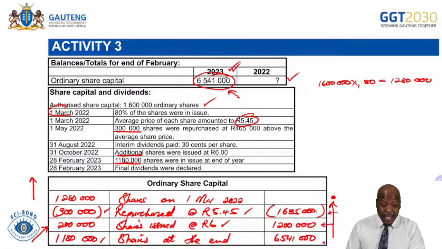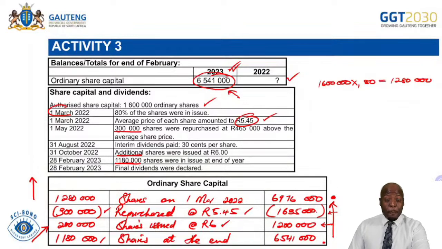And then how much do you get? You get 6,976,000. That would have been the same figure that you'd have gotten if you had done it the short way. Remember, we're given the average price of each share, which was 5 rand 45. So I wanted to show you, if you are not given that, what else could you have done? Okay, I'm going to move on to the next activity.